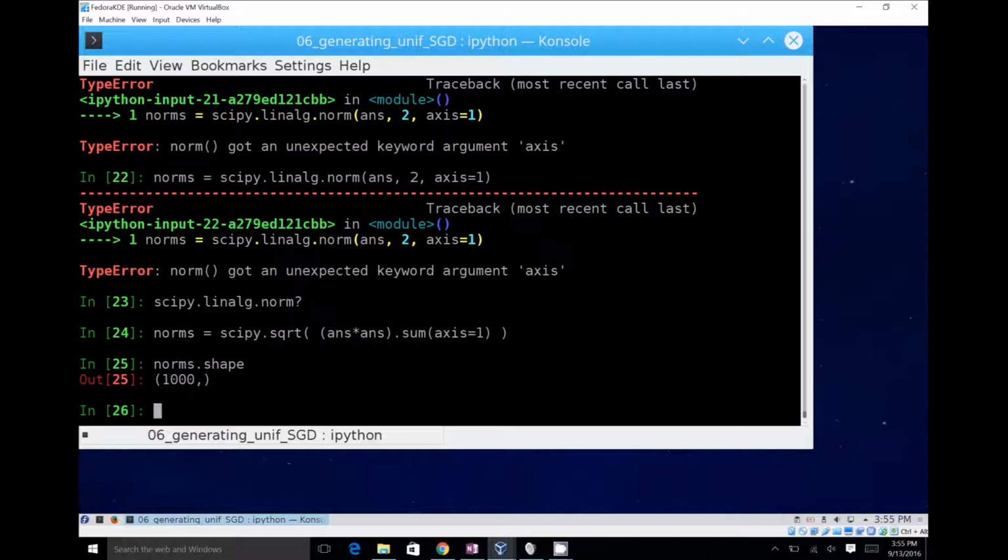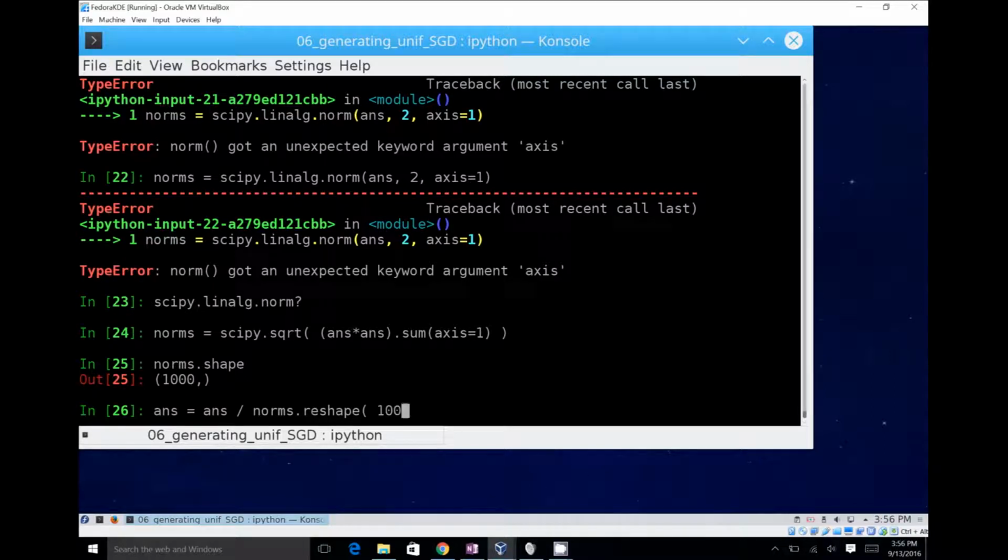So now I just want to normalize those vectors. I take those vectors and set them equal to themselves over norms. So far we've learned that I could expand dims to do the broadcasting correctly, because answer is 1,000 by 2, and this is 1,000, so the broadcasting doesn't work. I want this to be 1,000 by 2, and the second one to be 1,000 by 1. So I have to expand the last dimension of norms. Another way to do that is to just reshape.